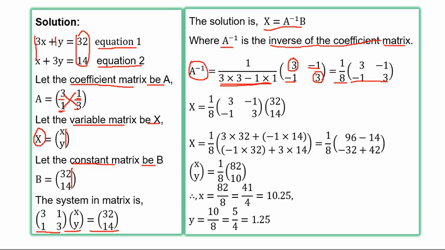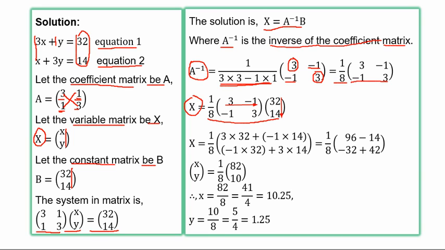So we go to the solution. In the solution, that is matrix S, we multiply the inverse by the constant matrix. That is what you have there. So when multiplying, you take the first row, 3 and minus 1, to multiply the only column.